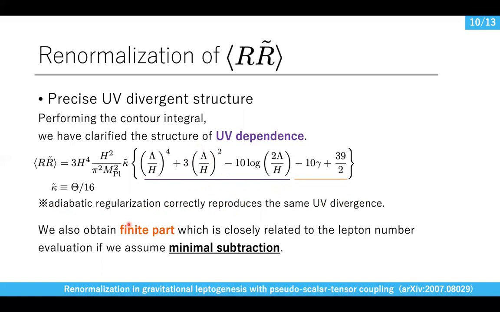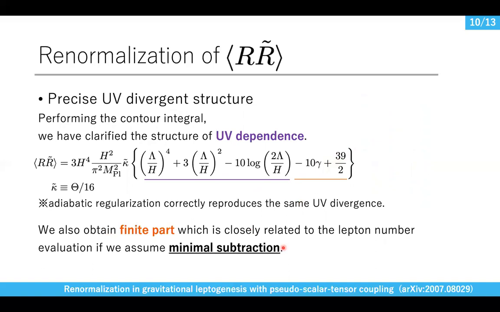And we should note that from this contour integral, we also obtain the finite piece of our integral. And this is closely related to the lepton number evaluation if we assume minimal subtraction as a renormalization condition.